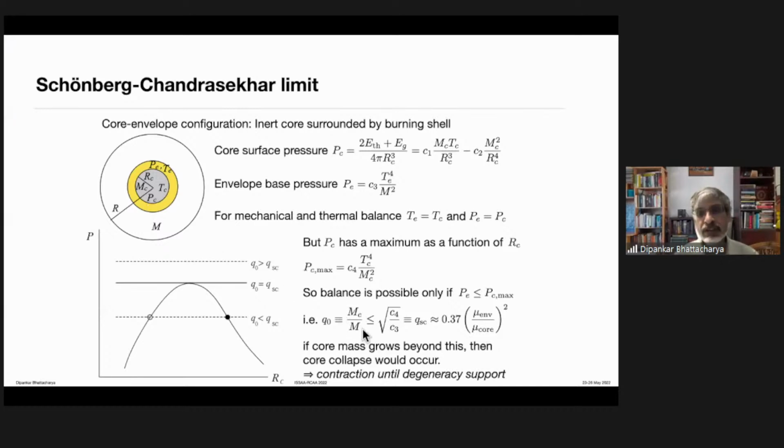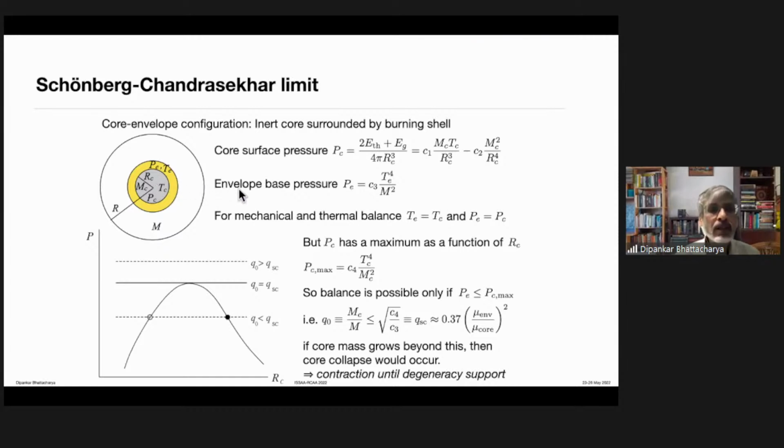So this ratio, mc over m, will continue to increase over time. And eventually it will cross this. And as soon as it crosses this, the inert helium core will undergo a very rapid contraction until it becomes dense enough so that the degeneracy pressure support stops this quick contraction.